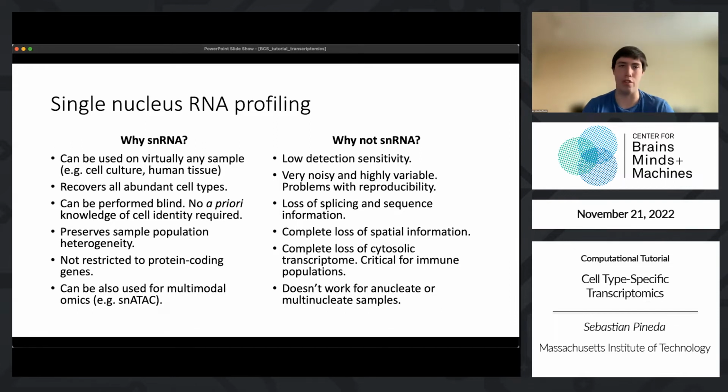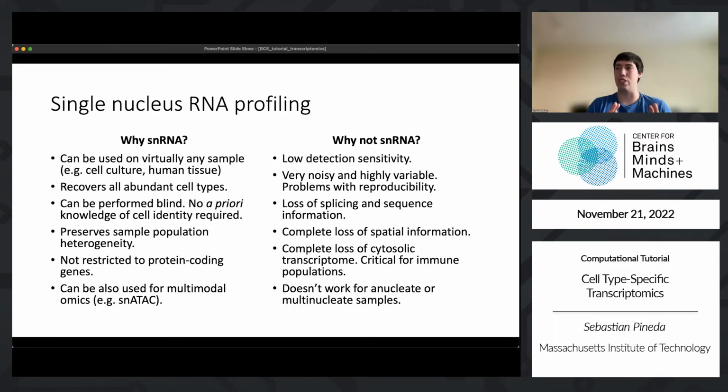You sample anywhere from a few hundred to a few 10, 20,000 cells. So you might still have difficulty picking up something like a Purkinje cell, but for most cell types, this isn't a problem. And since now you have individual cell transcriptomes, you preserve that heterogeneity within each cell population, right? We know there's many different types of astrocytes.